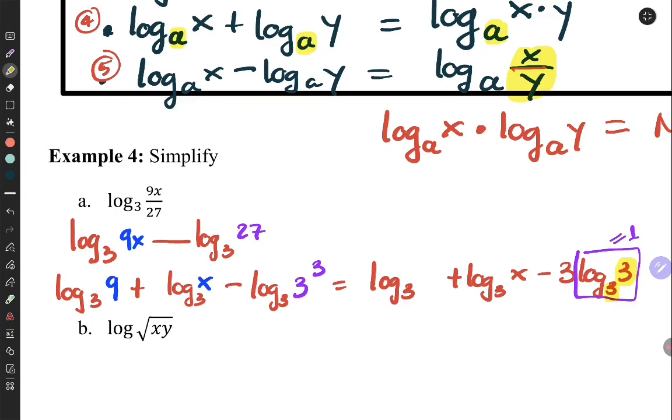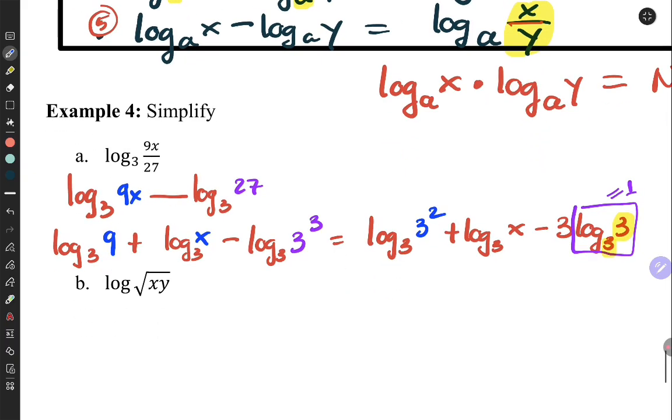I leave something blank here. Same idea. 3 squared. 3 squared. There. And again, one more time. That would be 2. Okay, right? 2 goes to the front.